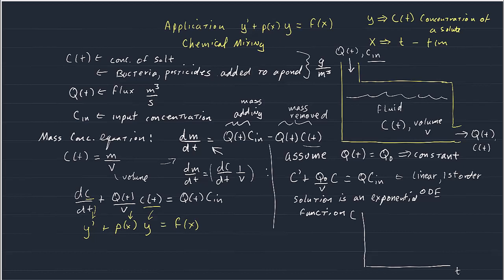And we're going to start off with an initial concentration. This is our concentration at time equal to 0. And just as we've seen before in our other solutions, we're going to reach a maximum concentration. Actually, the maximum concentration at infinite time is equal to the concentration of our input fluid.